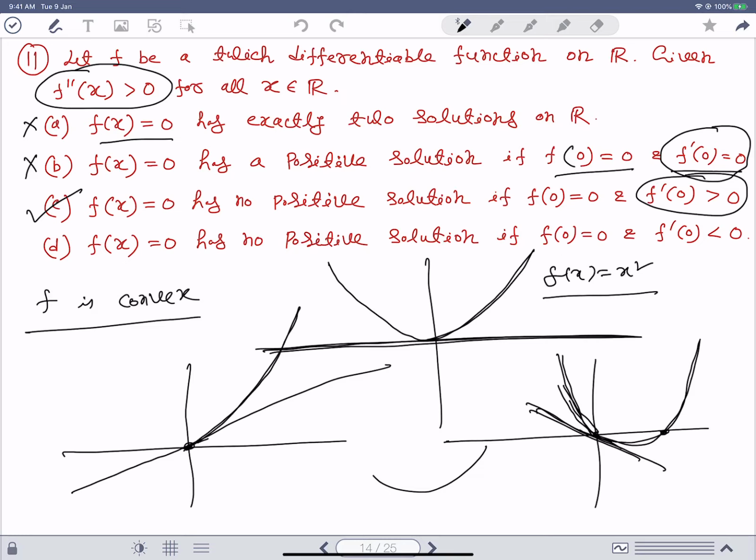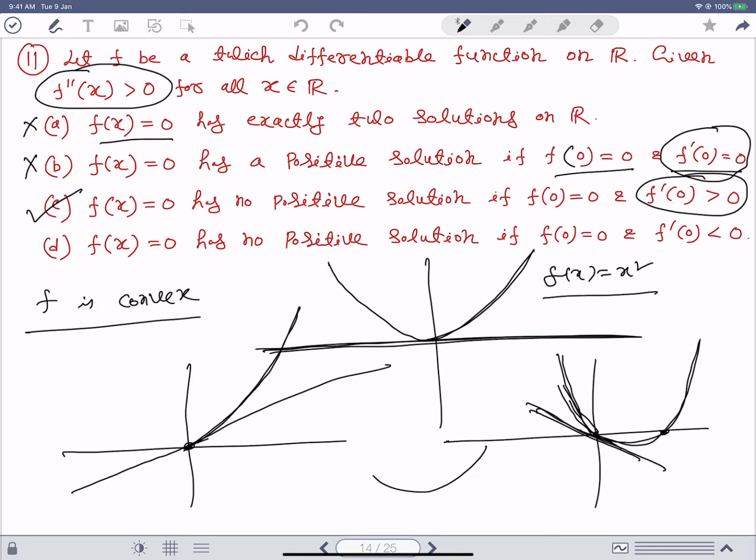We are talking about the point 0. That means according to our definition, the tangent line should pass through that point, right? Okay, sir. We are talking about the tangent at 0. Okay.